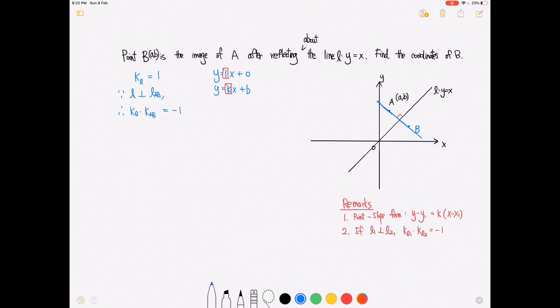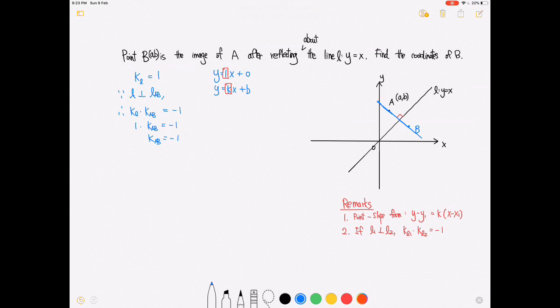And we know the slope of L is 1, so 1 times kAB is -1. So kAB is -1. Now we know the slope of AB, and we know this line passes through point A.